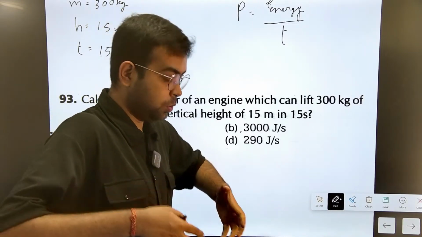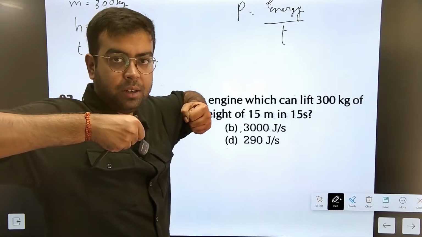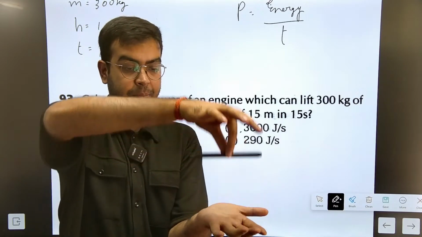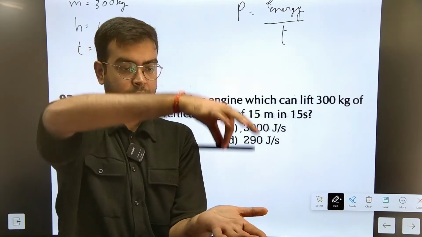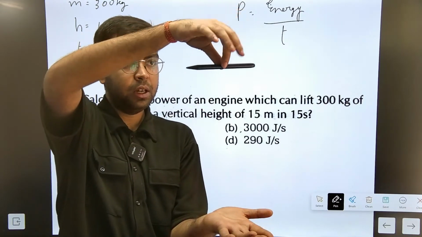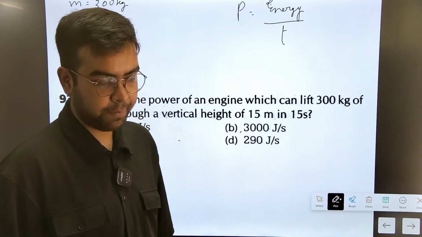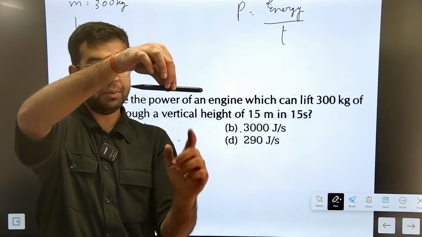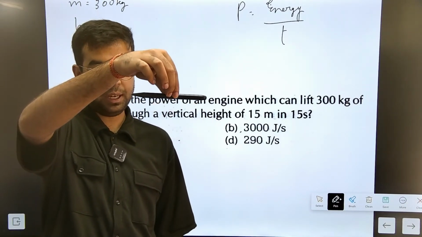Okay? When I lift something from the ground perpendicularly like this, say this is the pen in my hand. I pick up the pen like this, perpendicular to the surface at a vertical height. Okay? So the energy which is used here is known as potential energy. Okay? After I lift this, the energy gets stored in it in the form of potential energy. Okay?